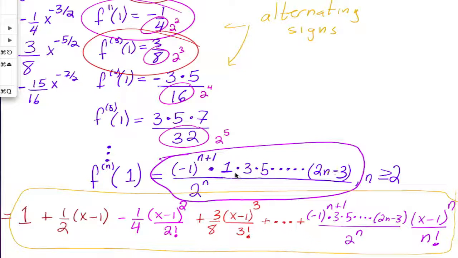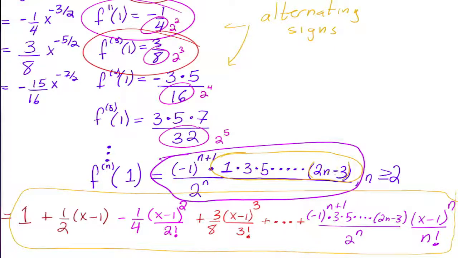Well, when you write this out, what you're saying is this is the product starting at 1, and going in that same pattern. So 1 times 3 times 5. That describes that you're multiplying the odd numbers. And this 2n minus 3 just describes what the last factor is going to be.